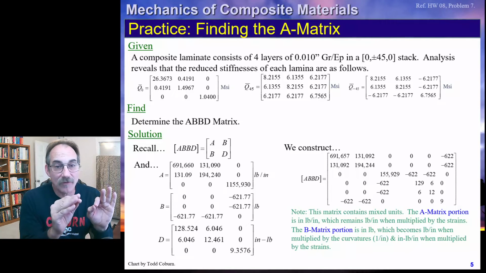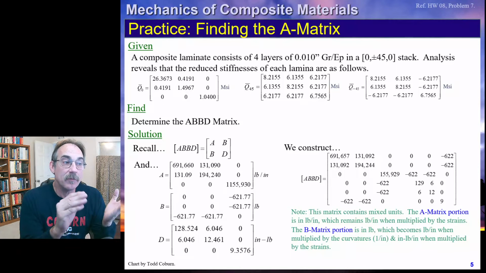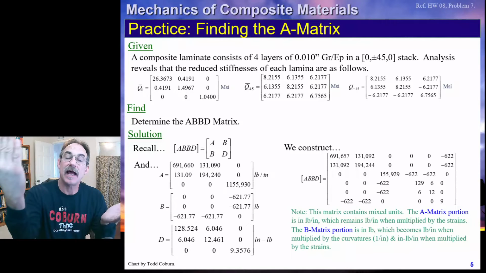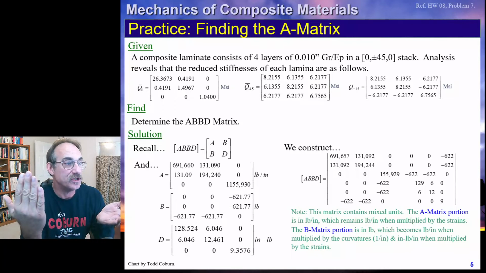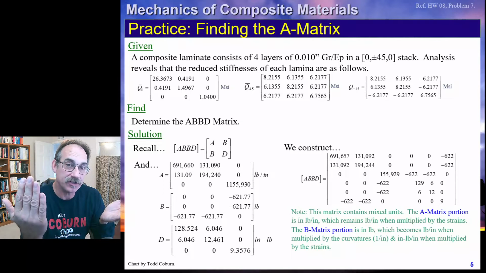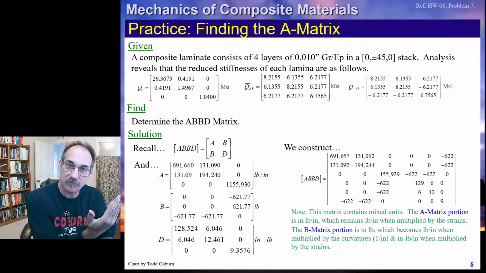The lower left B matrix is also in units of pounds, but this one gets multiplied against the strains, inches per inch, which means that it ends up with units of inch-pounds per inch, which matches the moment values of loads from the lower portion of the loading matrix.